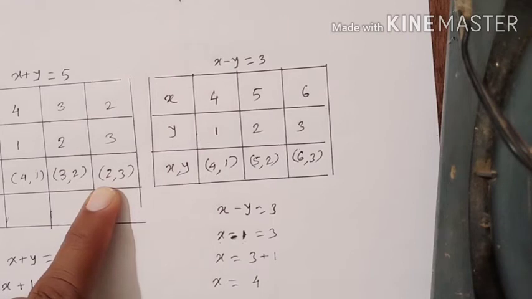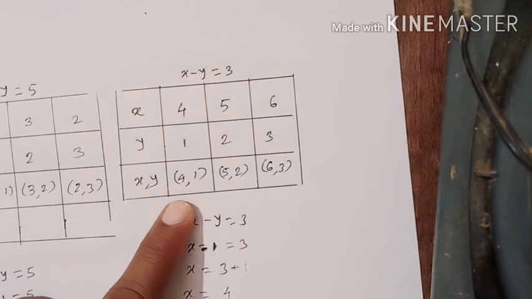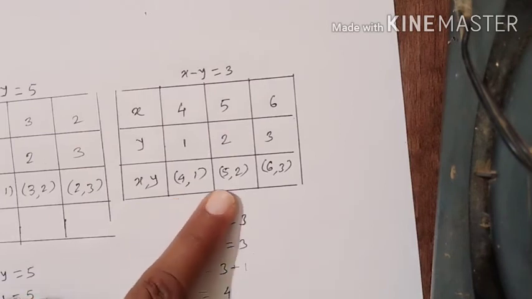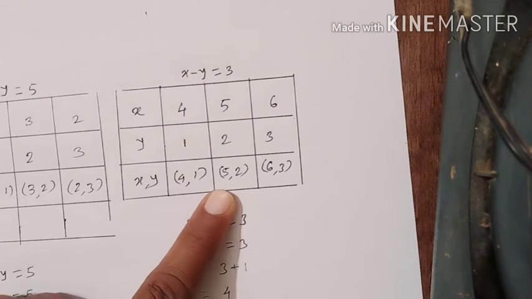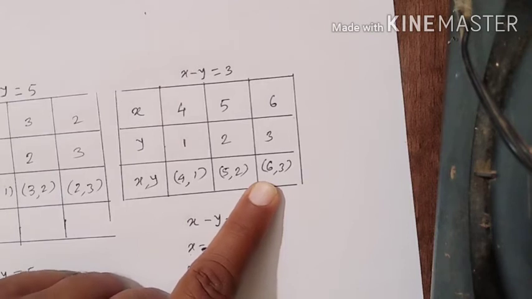It is for the first equation, and the points for the second equation are 4 comma 1, 5 comma 2 and 6 comma 3. These are the 3 points for the second equation.